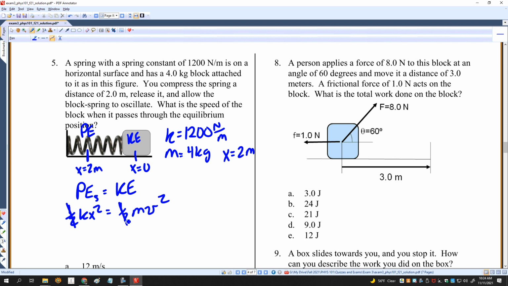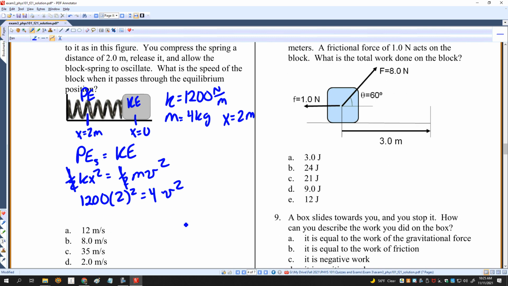Notice my masses don't cancel, but I can get rid of those halves. So that's 1200 times 2 squared equals 4 times v squared. So v is going to be the square root of 1200, which is 35 meters per second.